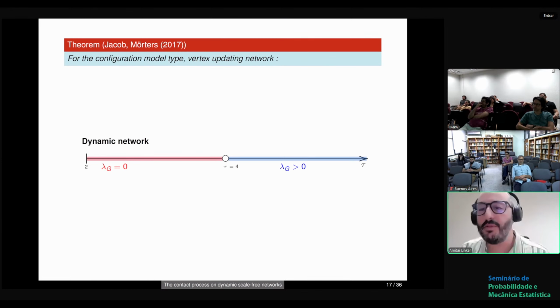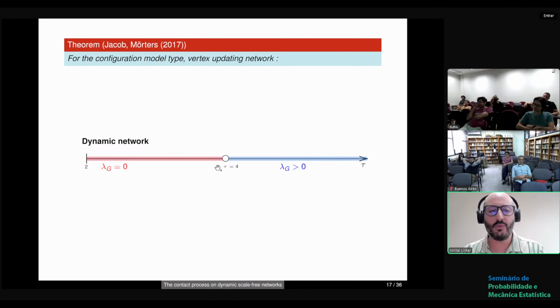Okay, so the first result for this model was by Peter Mörters and Emmanuel Jacob in 2017, in which they found out that for the configuration model type, with vertex updating, they found this picture.